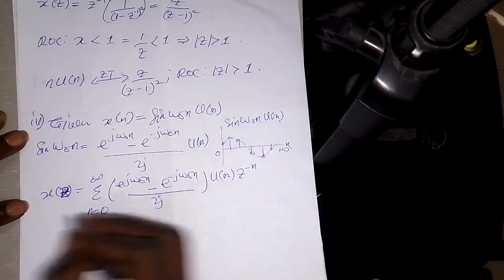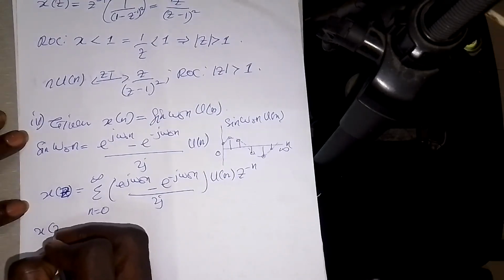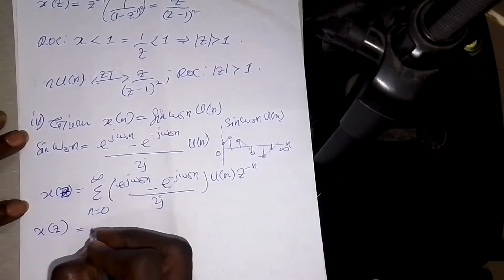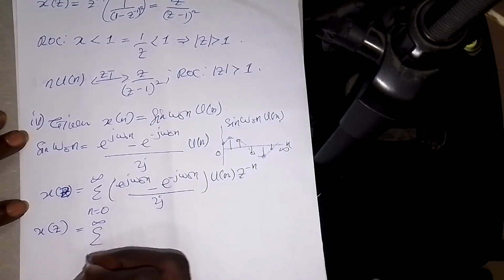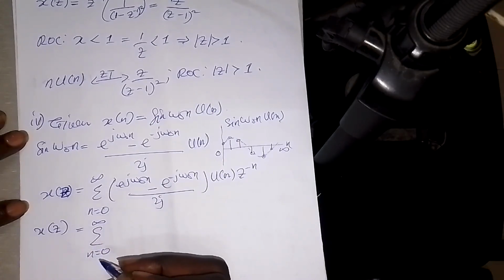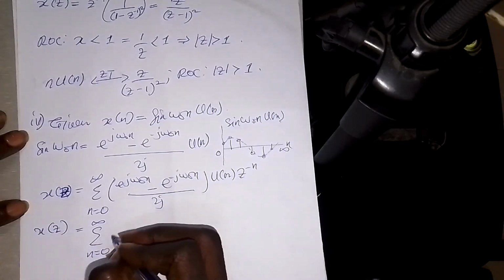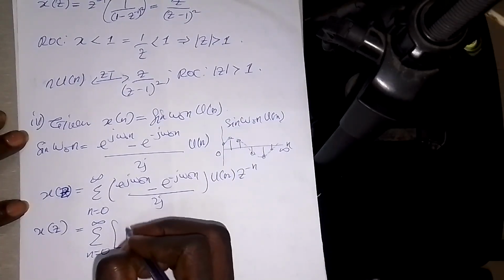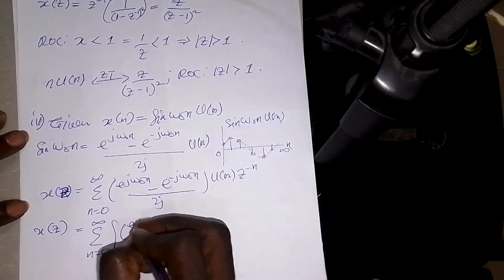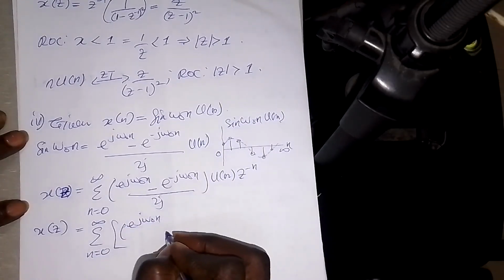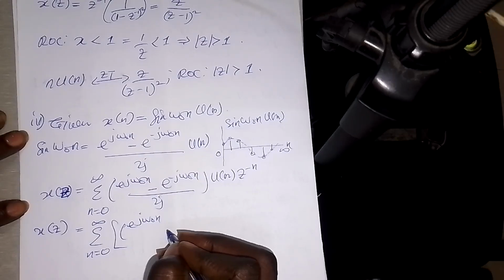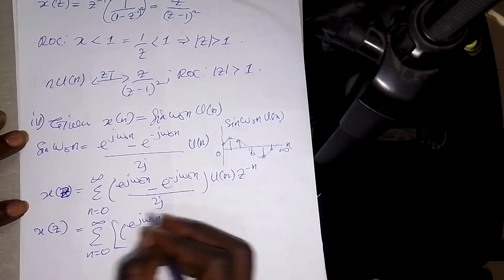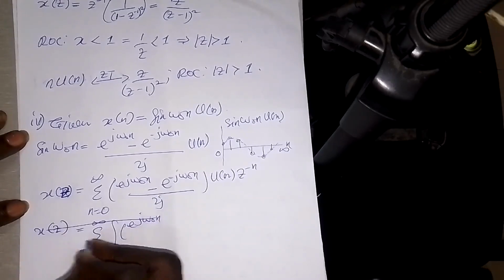So now here it becomes X(z) equals, with n equals 0, let me write it again.